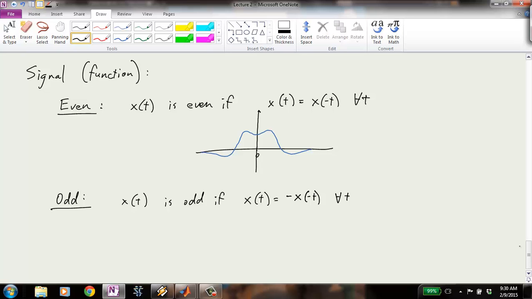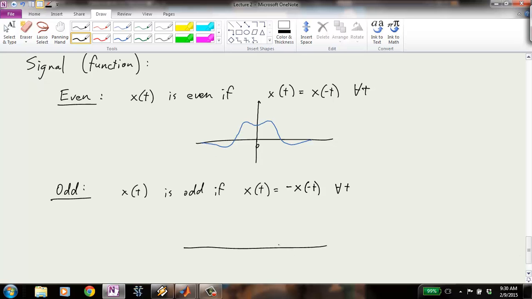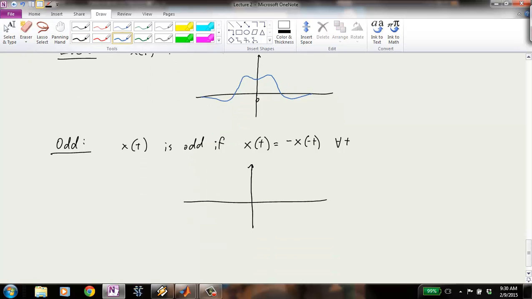An example of an odd function is one with a rotational symmetry around the origin. So something like this. That might be an odd function if drawn right.